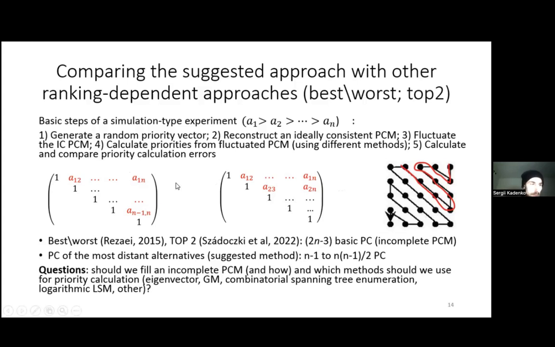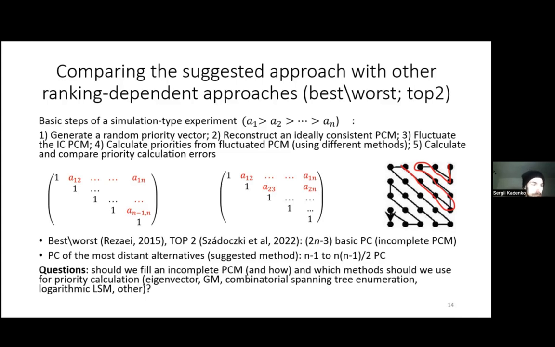We're thinking of a simulation type experiment where first we generate a random priority vector, then we build an ideally consistent pairwise comparison matrix based on it, then we perturb it with some noise, and then calculate priorities based on the perturbed matrix using the three different methods. And finally, we compare the deviations of obtained priorities from the original ones for these three methods.